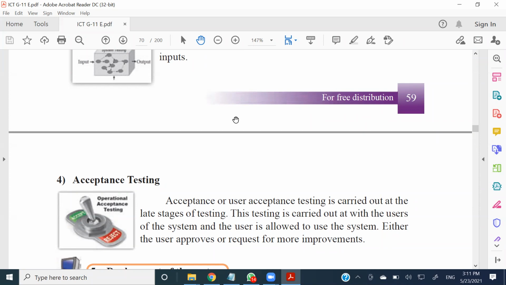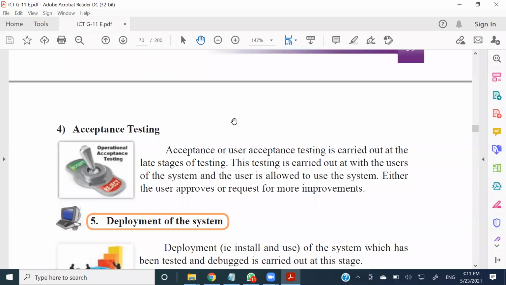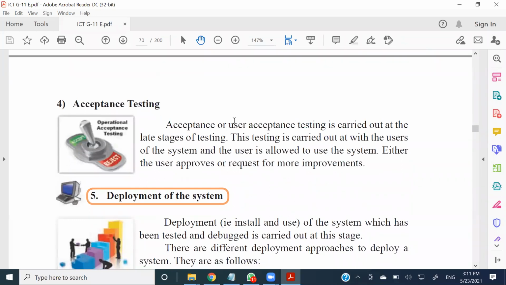So that is the place where we ended the class last session. We are going to go from this point onwards, where we talk about how a tested system, or a system accepted by the client, is going to be deployed.